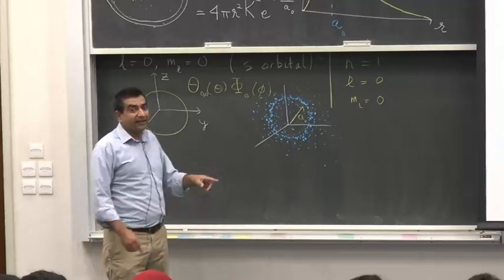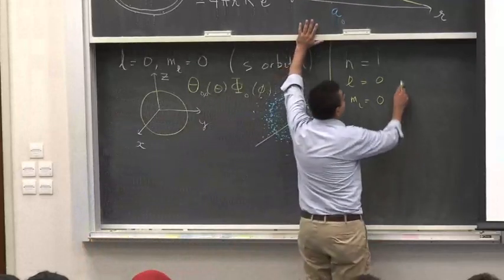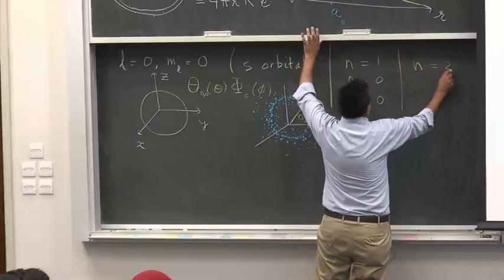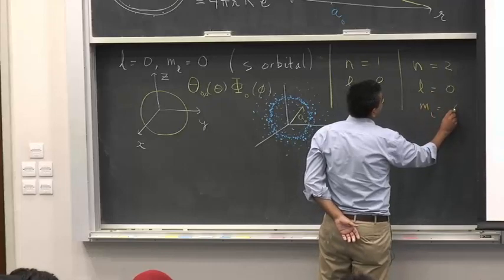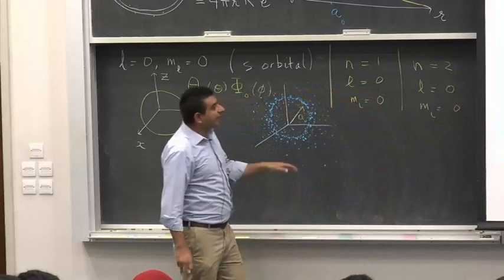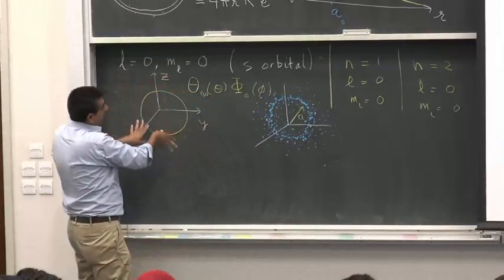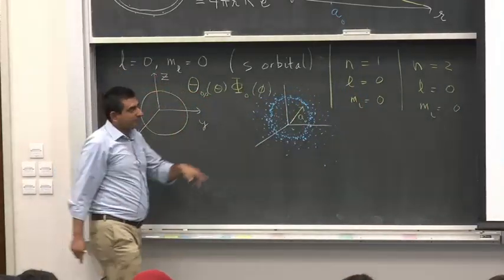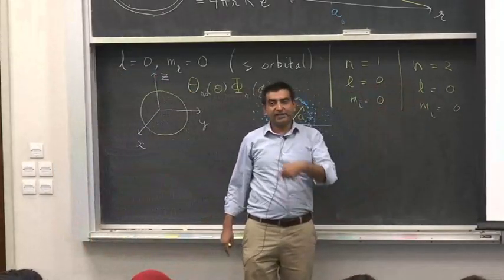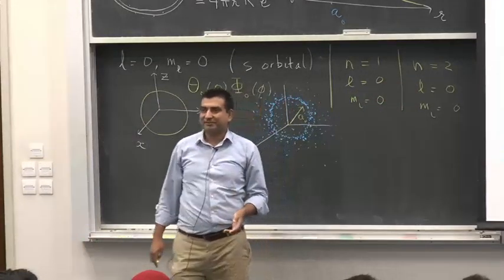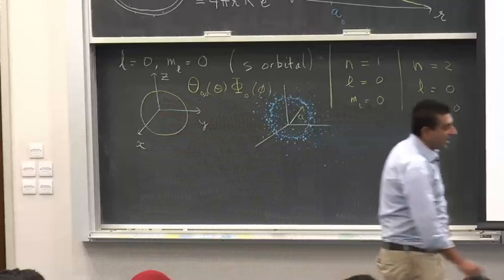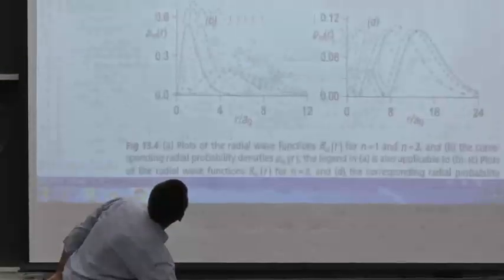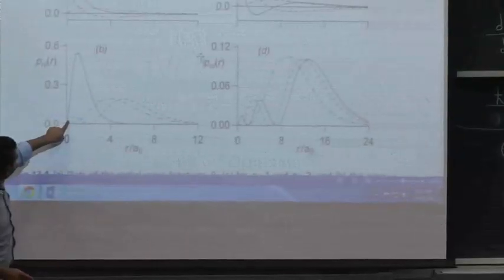Now if I had n equals 2, L equals 0, ML equals 0. If I had the same orbital, the same angular dependence, but my radial probability density has changed. So now I have two lobes. Now I have a radial probability density that actually looks like this thing here.